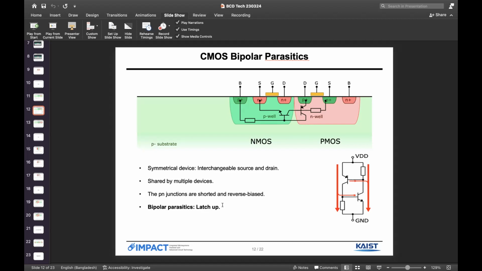So if you have latch-up, this might break your MOSFET. It will have leakage current. Isn't it? Well, I'm not sure, but I just remember latch-up is an issue, right?